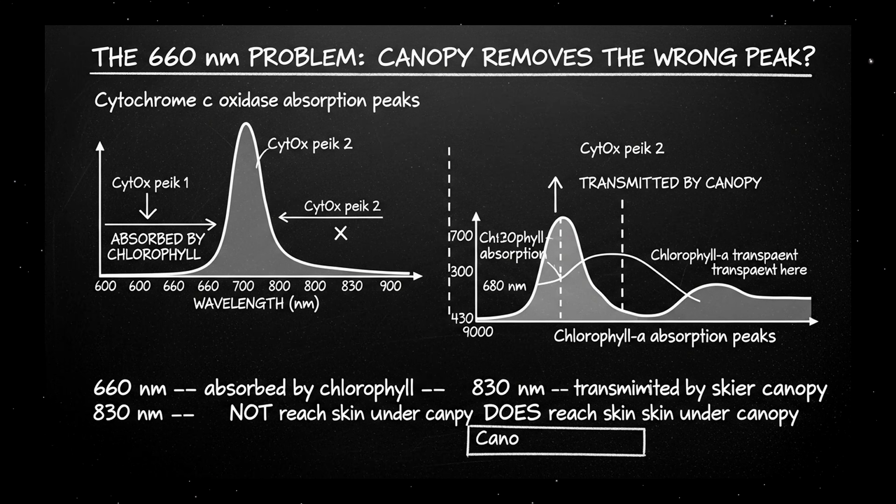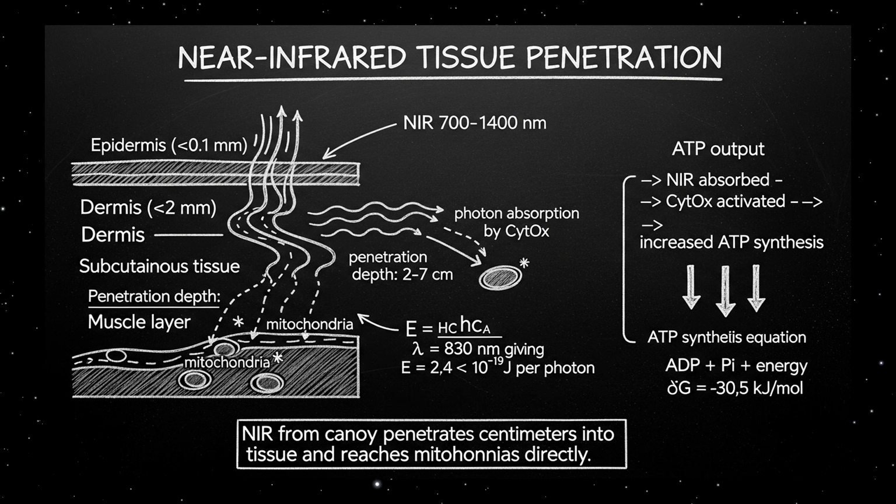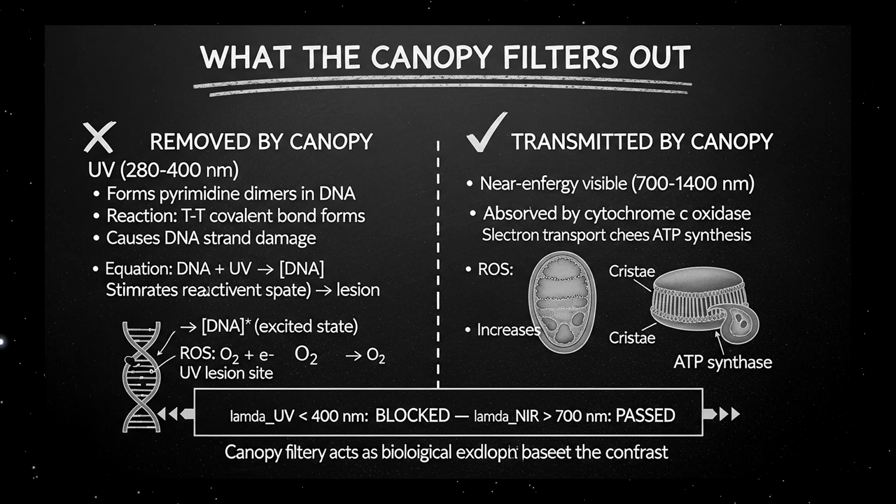Chlorophyll absorbs it for photosynthesis, but it transmits the 830 and the broader near-infrared band around it. Sitting under a tree, your skin is receiving near-infrared light that penetrates several centimeters into tissue and stimulates mitochondrial ATP output, while the UV that damages DNA and the high-energy visible light that causes photoaging have been filtered out by the chlorophyll above you.